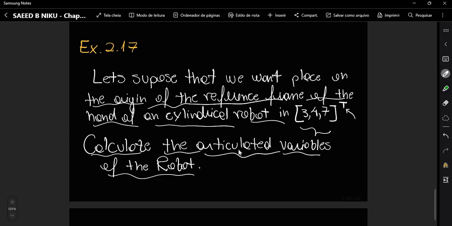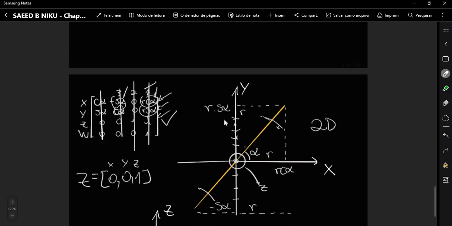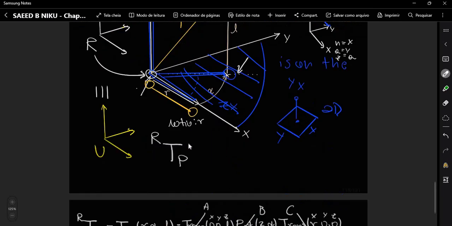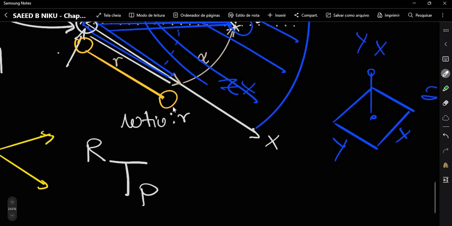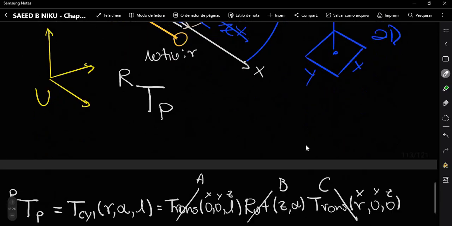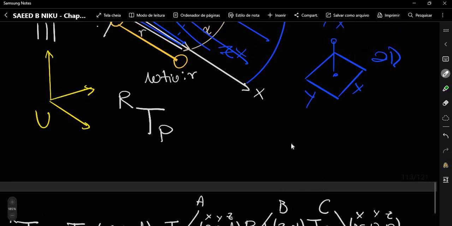What is this? Now it is very nice. Let's give ourselves the opportunity to think in terms of a mechanism.